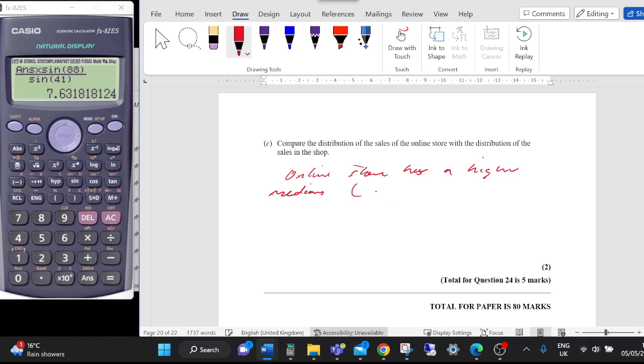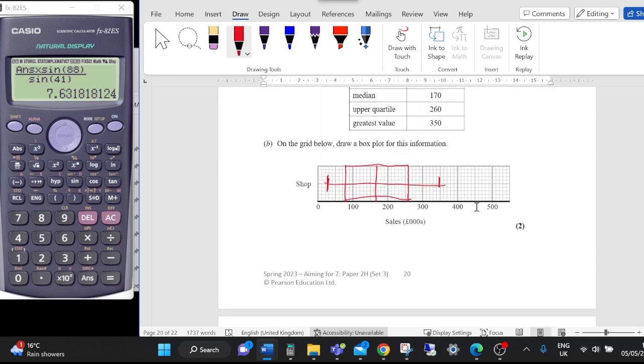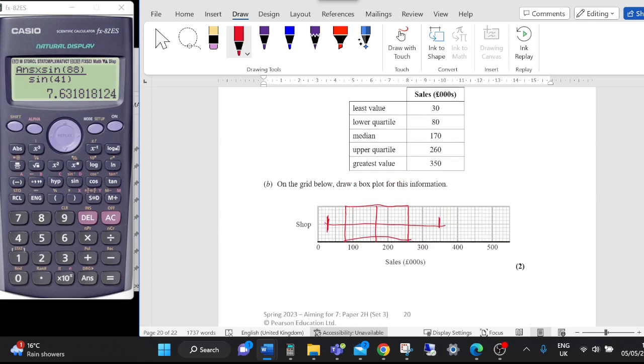And I would normally quote the figures. I'm not going to, just because I'm in a bit of a rush now. And then the second comparison is for the interquartile range. If we look at the interquartile range here, we can actually do it from the table of values.